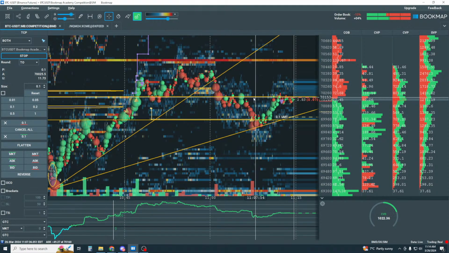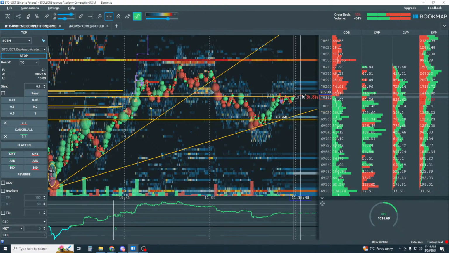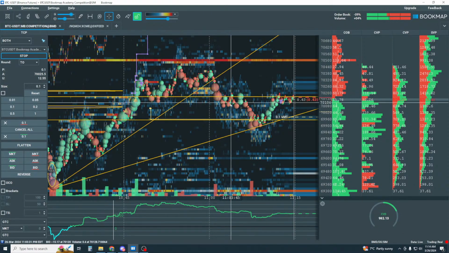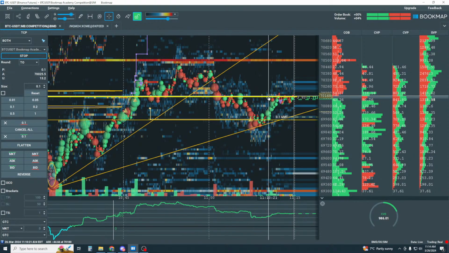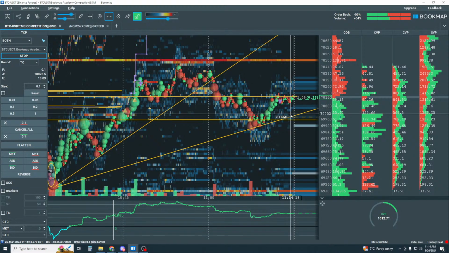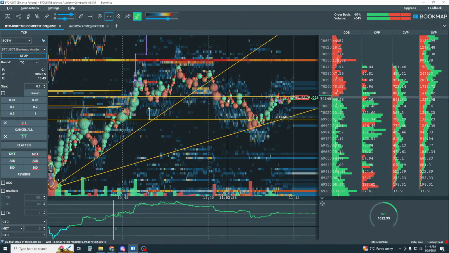Is it good? Did I cover my risk up here? I don't know. What if the buyers start to come in? On a higher time frame, this is probably a really bad idea. On a lower time frame, it's pretty good. Right now, this brings up a whole other question about leverage.